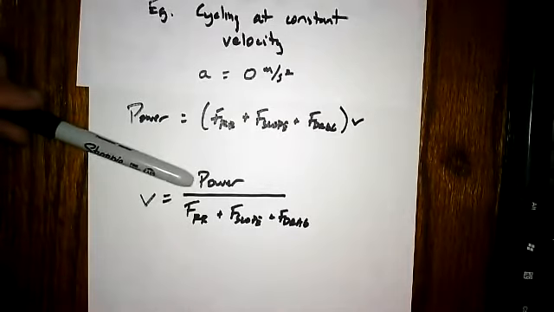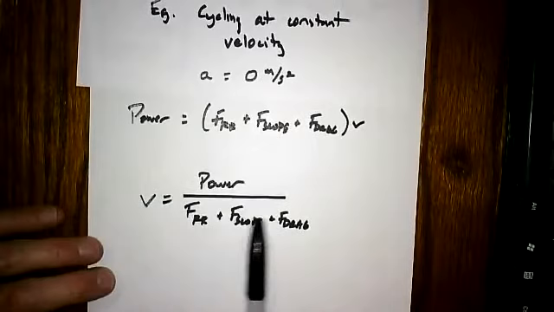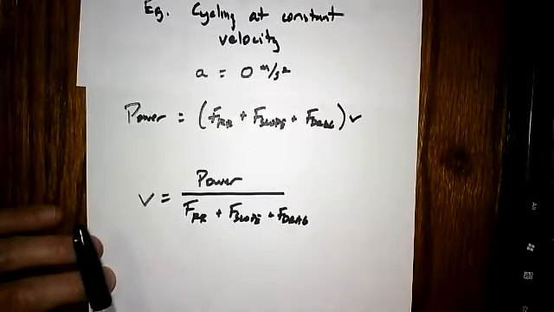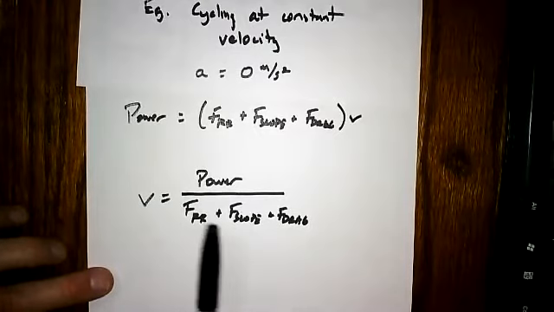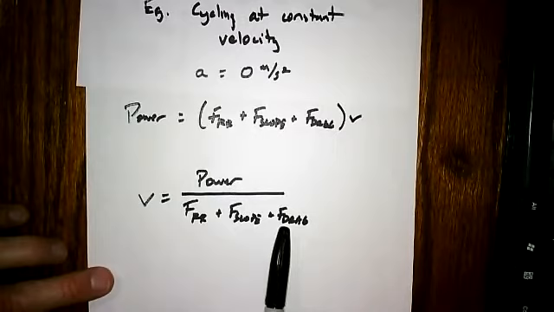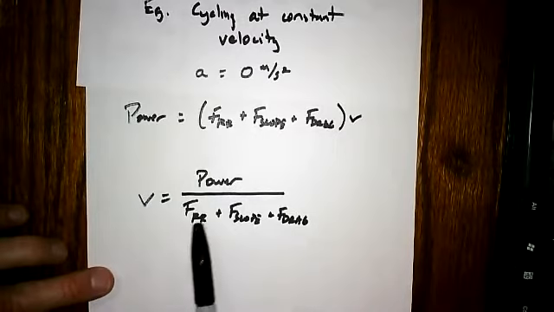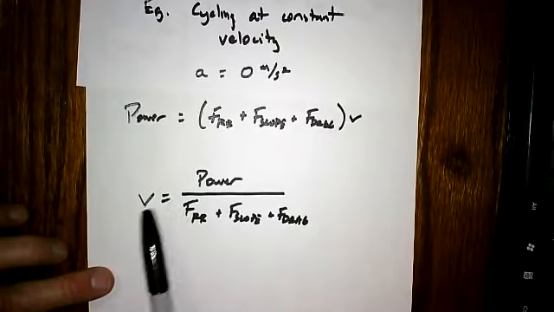If I can generate 200 watts, in order to go faster, I need this denominator to be as small as possible. That means I need very little rolling resistance, as little slope resistance, and as little drag resistance as possible. The smaller I make the denominator for given power, the faster I'll be able to ride.